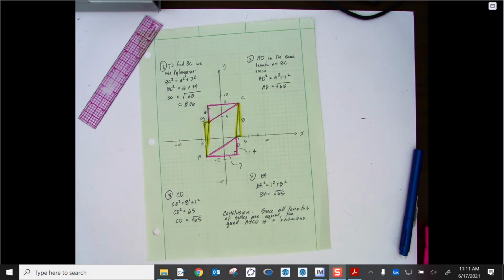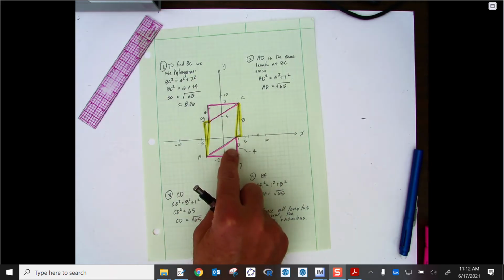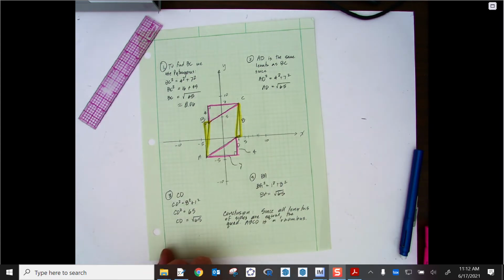Whereas here we're given some points, and we're asked to identify what type of quadrilateral we have, and through a process that uses the Pythagorean theorem, we're able to see that these two sides are the same length, and these two sides are the same length, and all 4 sides indeed turn out to be exactly the same length, so this has to be a rhombus.